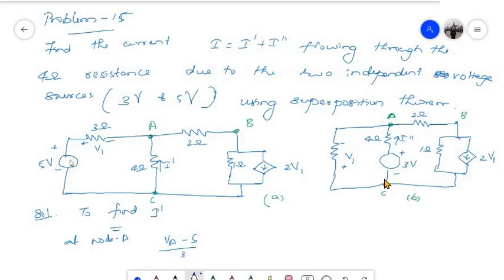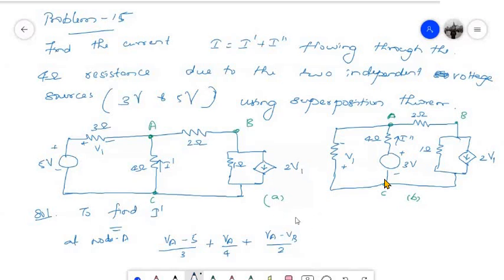That will be the current flowing through this path, plus VA minus 0 divided by 4, and then VA minus VB divided by 2. That will be the current flowing in this direction.